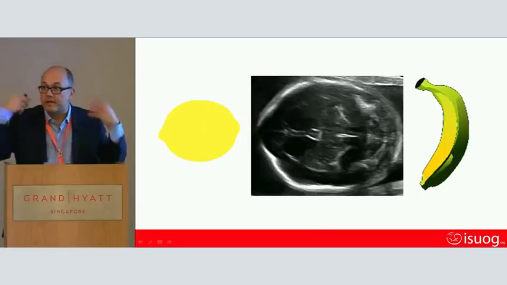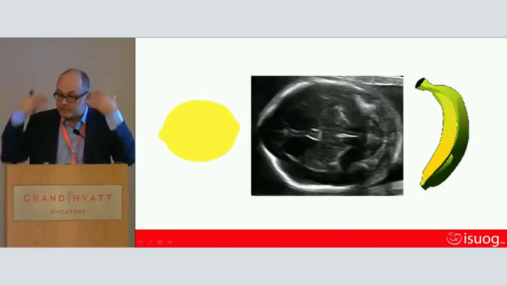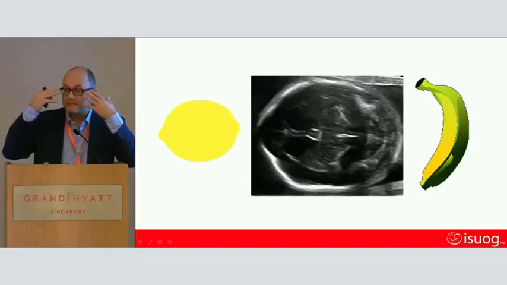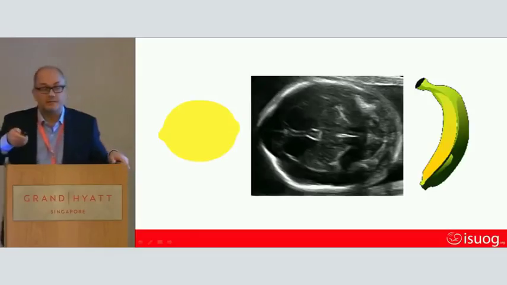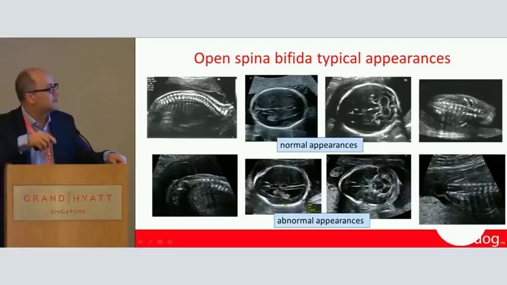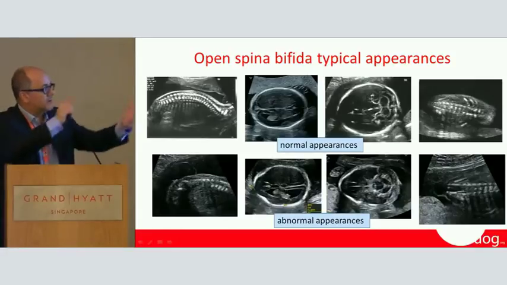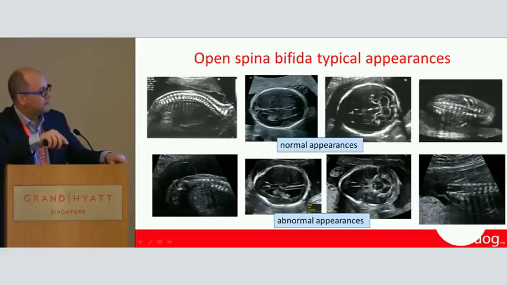And this, looking at the head, not looking at the spine, just looking at the head, as a screening test for spina bifida, will detect the majority of babies with spina bifida. So this is what you get normally. You get the head with a nice midline, nice rugby ball-shaped head. And here, it's the other way around, you have a baby with spina bifida, a lemon-shaped head.